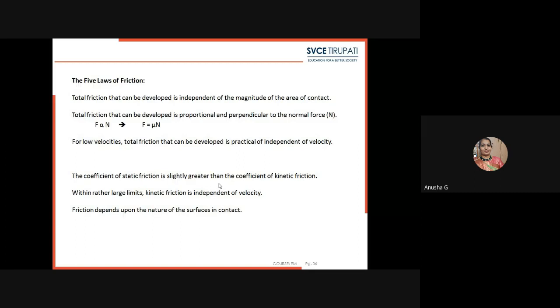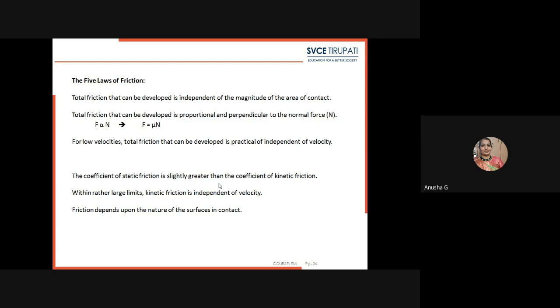Now we'll see the 5 laws of friction. There are 5 laws that we learned here. First one is the total friction. This total friction that can be developed is independent of the magnitude and the area of contact.